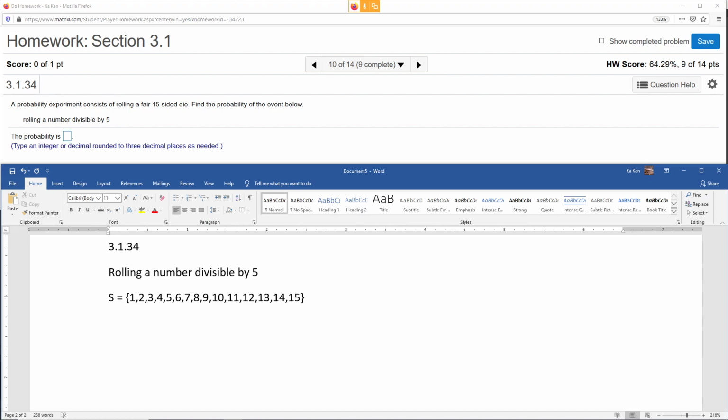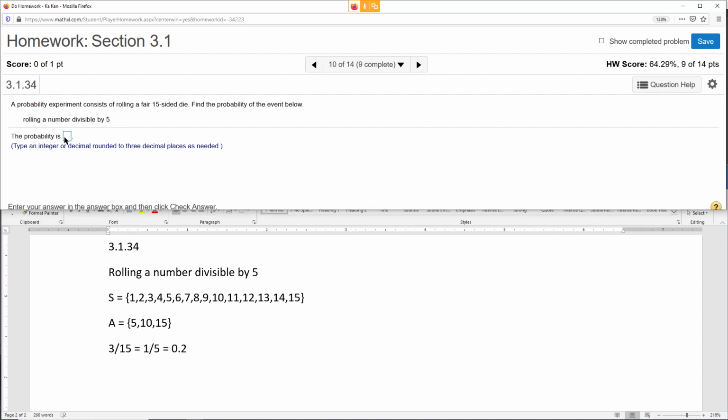This is the sample space now. What is the event? Let's call it A. Now we want a number divisible by 5. So that's 5, 10, and 15. So that is 3 out of 15, which is equal to 1/5, which is equal to 0.2, and that's the answer. So this one shouldn't be too bad.